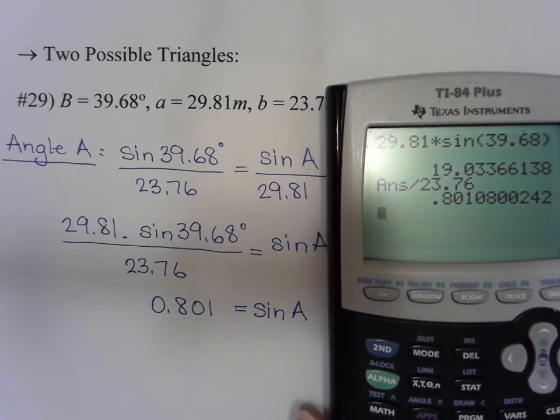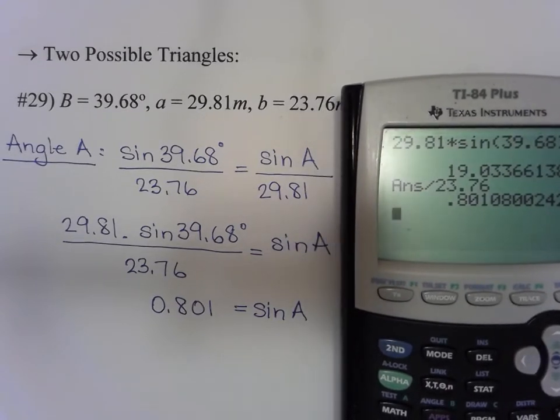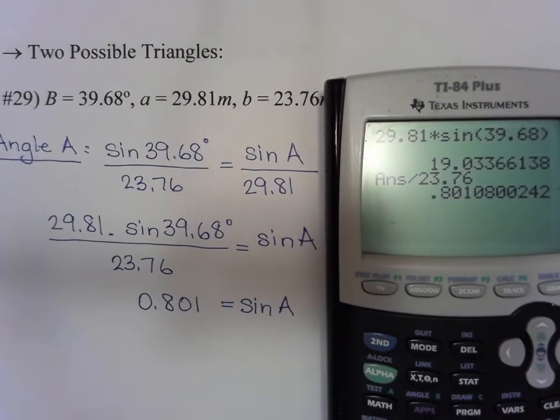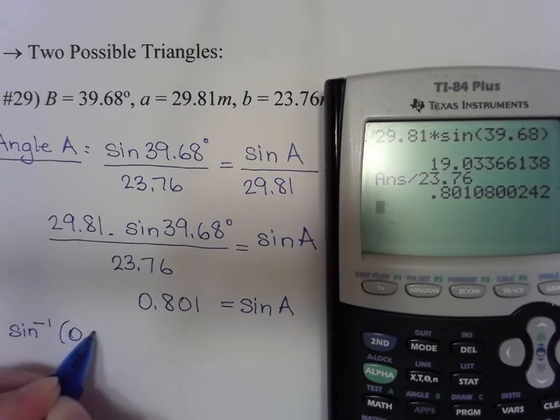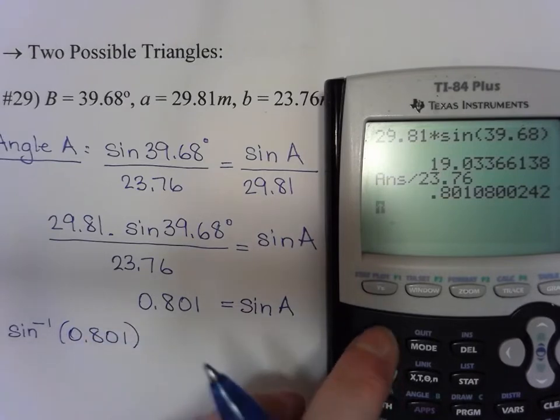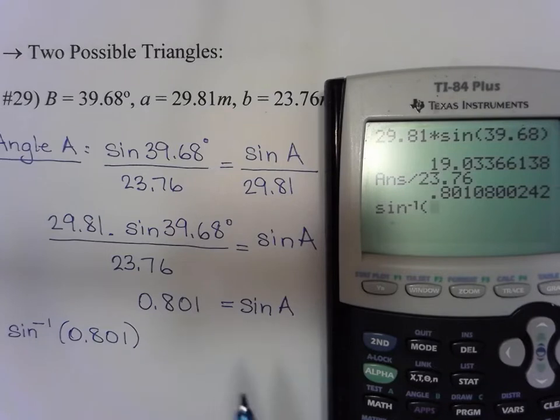So now we want to figure out what angles are possible. So if I do the sine inverse of 0.801, I'm going to be a little more precise this time.